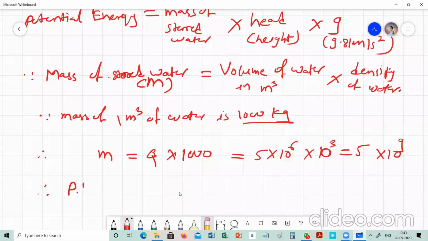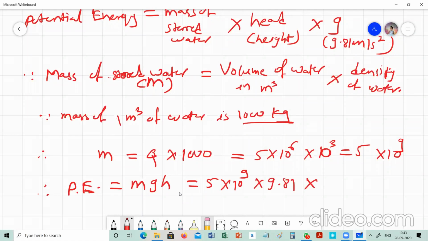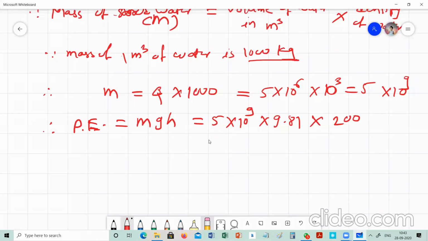Therefore, potential energy is equal to mgh, is equal to m is 5 into 10 raised to 9, into g is 9.81, into h, the head, is 200 meters.